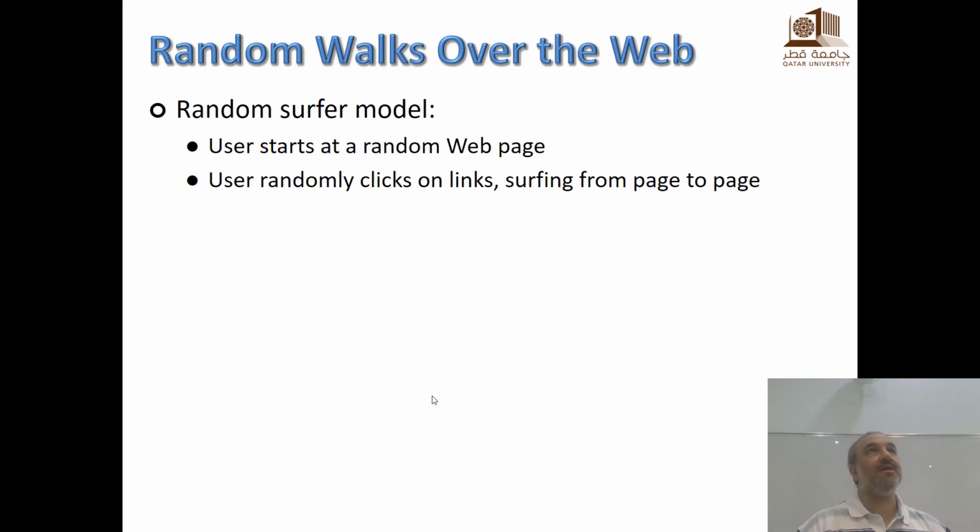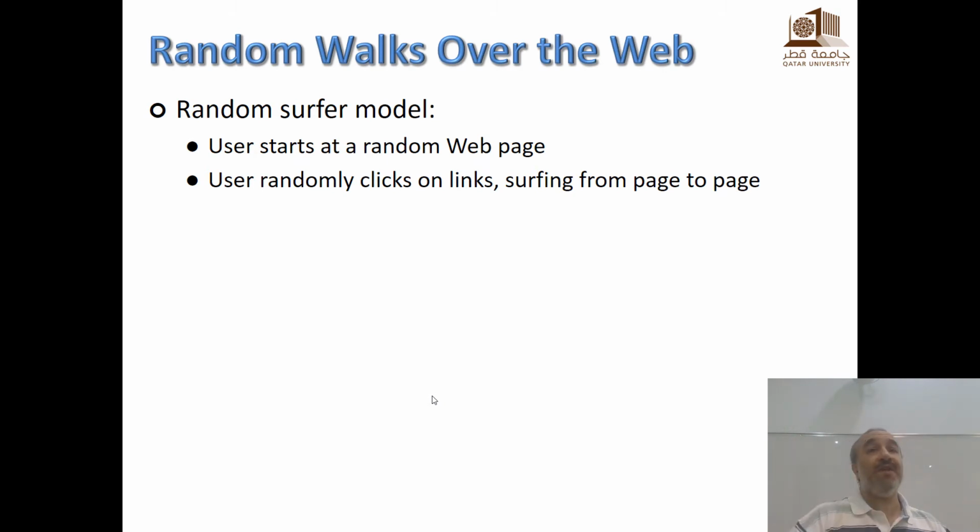So imagine that we start somewhere on a random page on the web, and we randomly select a link in that page, and we click on that link. When we click on that link, we go to another page, right? So it's like going between two nodes in the graph, and we keep doing that infinitely. Just imagine, okay? So this is called the random walk over the graph.